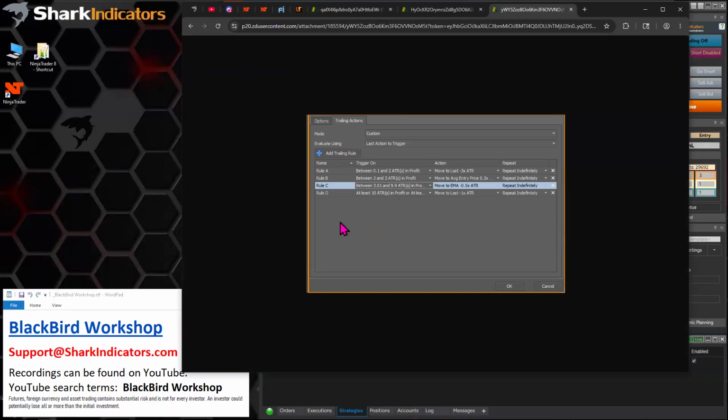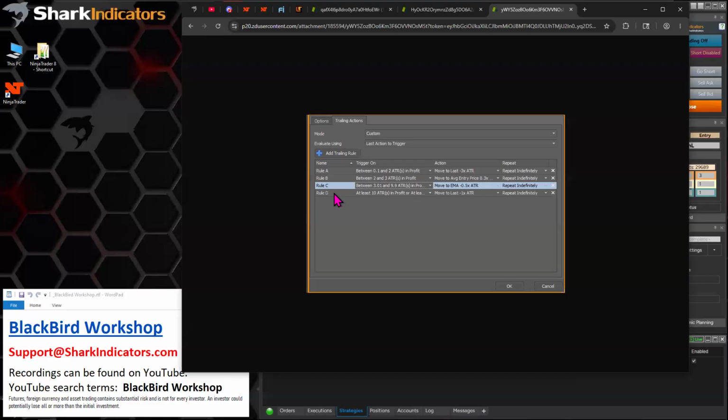A trader has a set of rules, rule A through D, and wants Blackbird to execute them sequentially, or in order. So trailing rule A executes first, and then B can execute next.